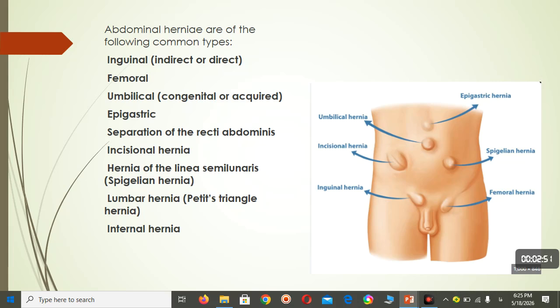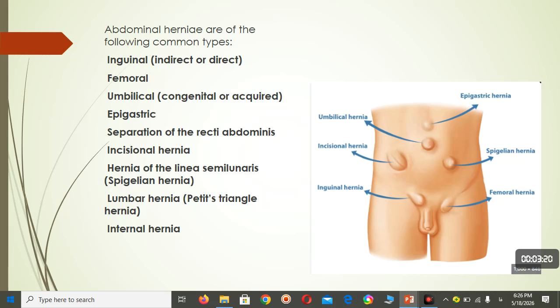Maybe a person has had surgery in the abdomen. Here it is cut by the surgeon and sutured here. After the surgery, here we have a weakness in the muscle, and from the incision we have the hernia. It is named incisional hernia.